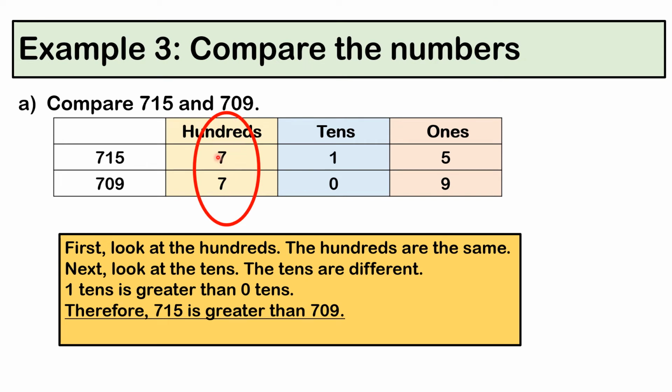Since the hundreds are the same, we have to look at the tens, where we have 1 tens versus 0 tens. 1 tens is greater than 0 tens. So from here, in the tens, we know now 715 is greater than 709.